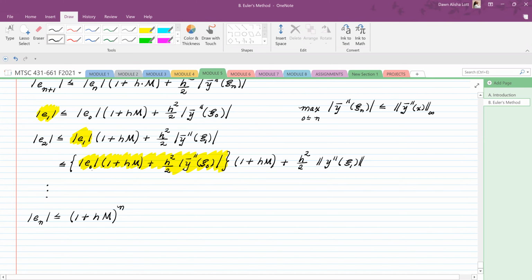So now you can see you have E naught (1 plus hM) squared.